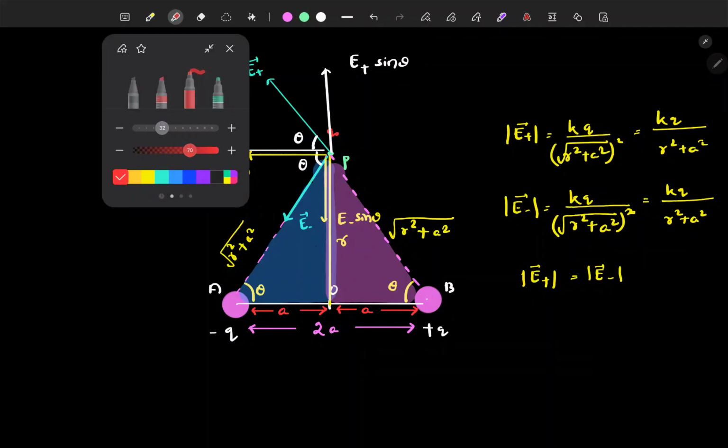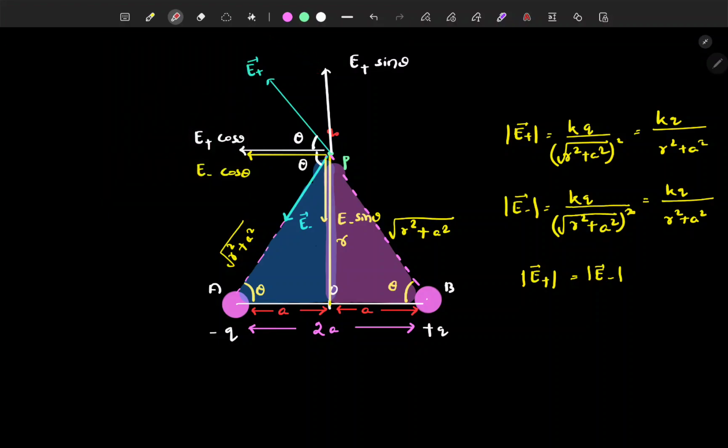Also, along y direction, E minus sin theta is downward and E plus sin theta is upward. Along positive y axis E plus sin theta, along negative y axis E minus sin theta. Both are equal in magnitude because E plus and E minus magnitude are the same. So E plus sin theta is equal to E minus sin theta. Net intensity along y direction is 0, equal in magnitude, opposite in direction.